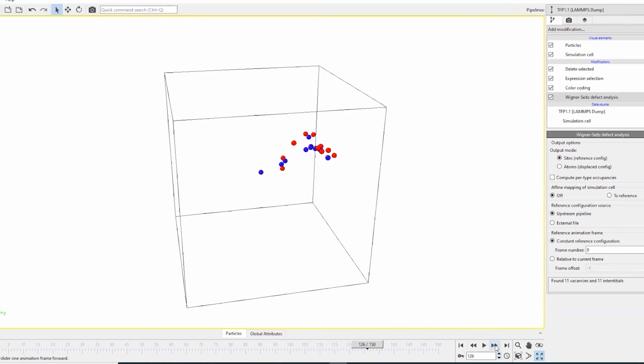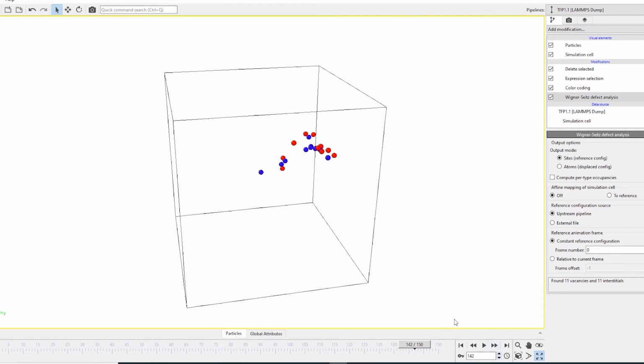Finally you have a number of stable defects, which will not increase because the PKA energy you have taken, 2 keV, is now stabilized.